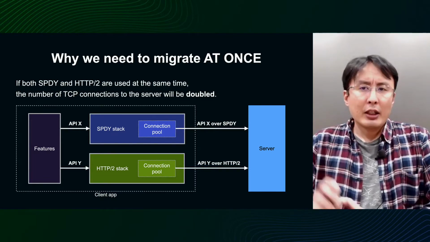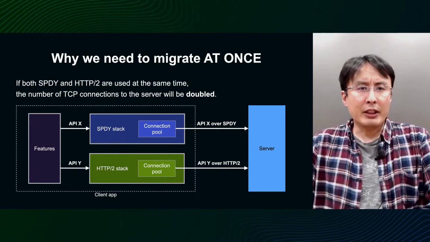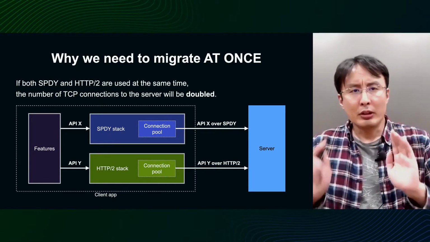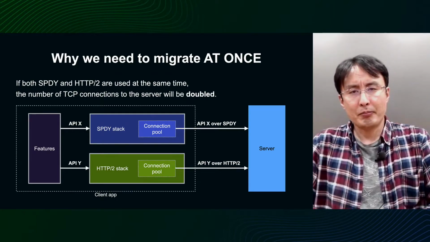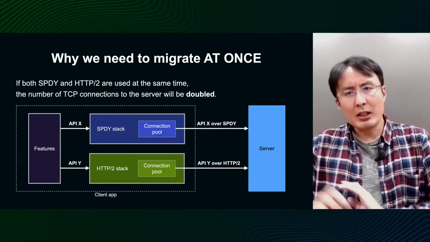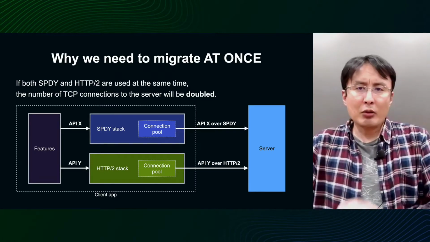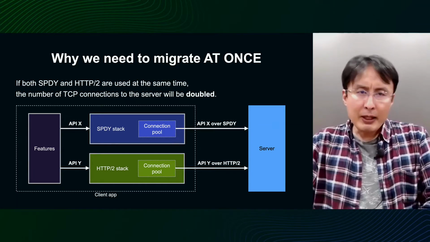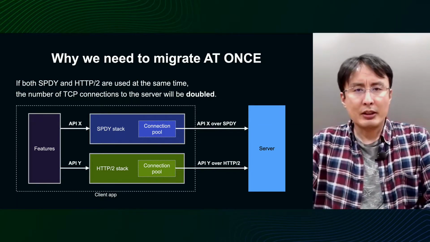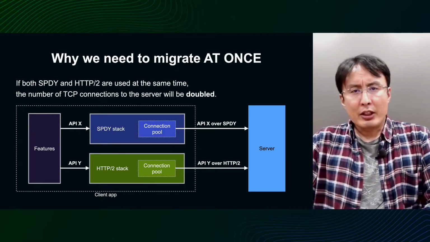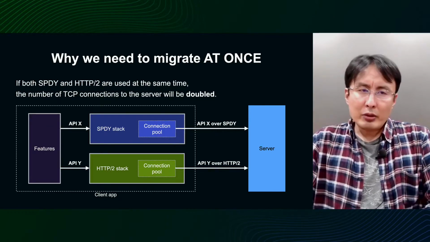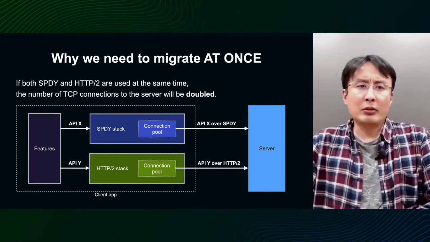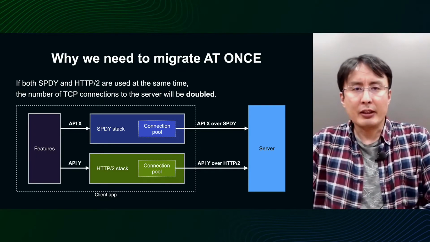So in this case, a single client application makes two connections to the server, one via SPDY and one via HTTP2. From the server's point of view, this doubles the number of connections received from the client. With the sheer number of active users online, this sudden doubling of the number of connections is unacceptable.